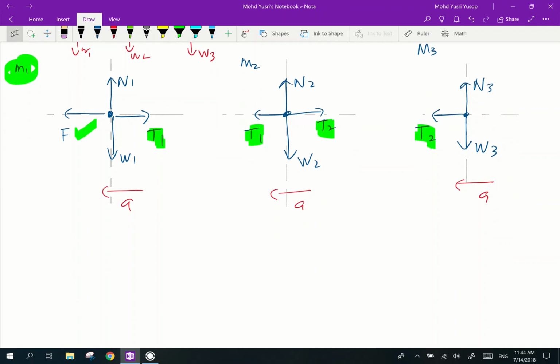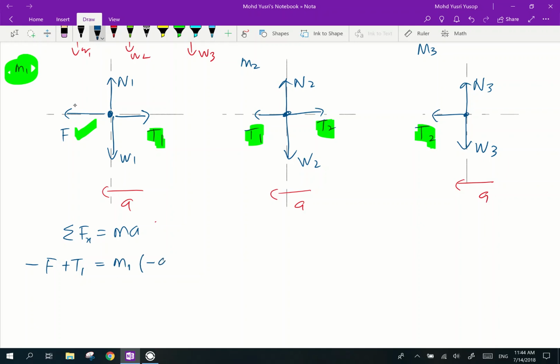So we use Newton's second law, sum of F is equal to ma, untuk mass 1. So this is mass 1. The object moves in the X component, so we only consider the forces in the X component. So negative F plus T1 is equal to M1 times a.